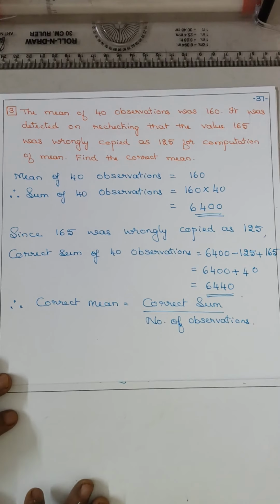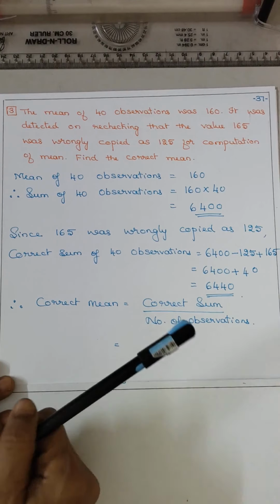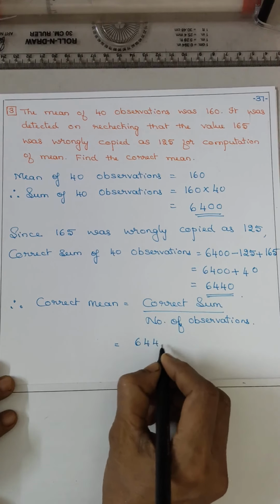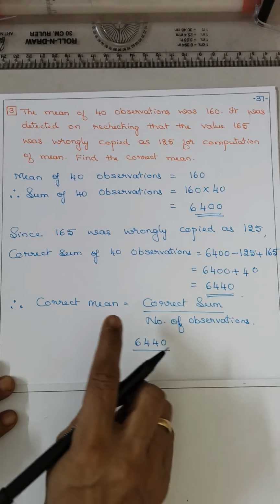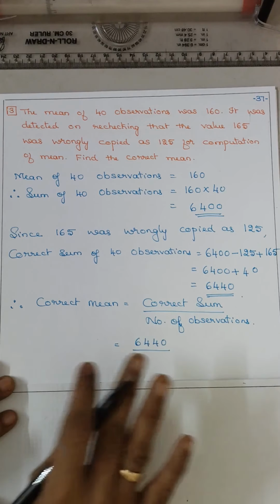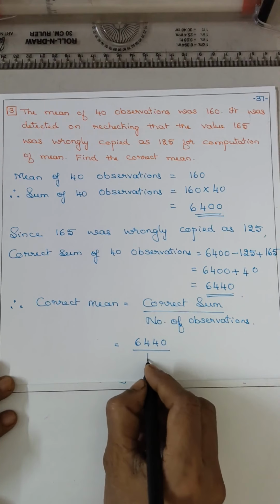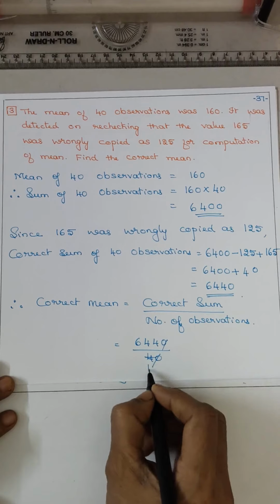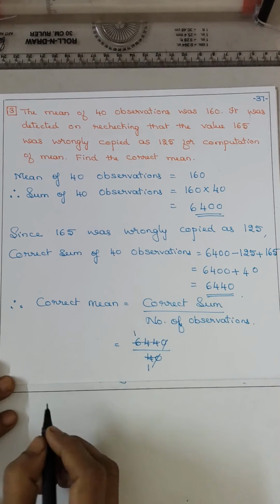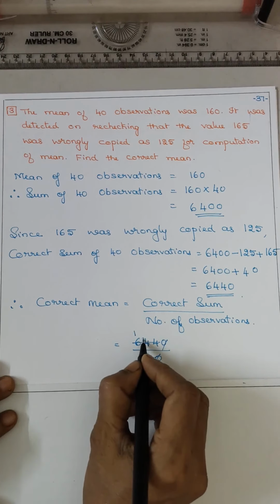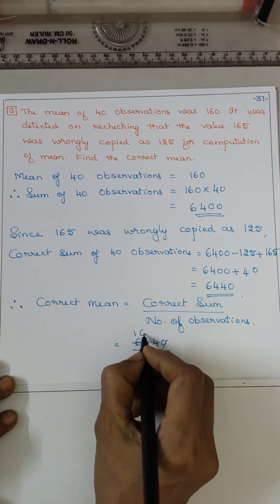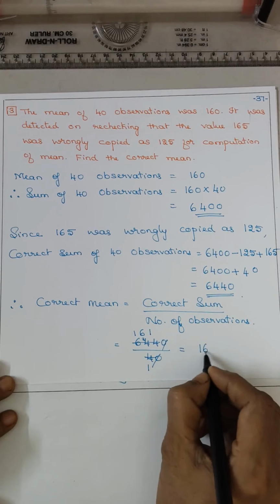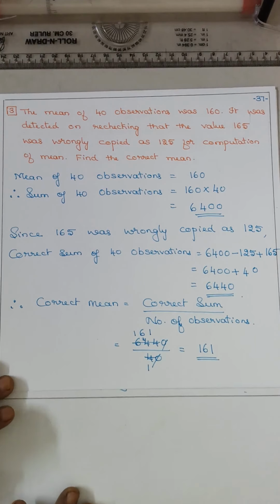Hope you remember from the first worksheet. अभी करेक्ट सम कितना मिला हमें? 6440, और नंबर ऑफ ऑब्जर्वेशंस चेंज नहीं होगा, it is 40 only. 0 0 cut, 4 1s are 4, 2 remains, 4 6s are 24, 4 1s are 4. So the answer is 161.